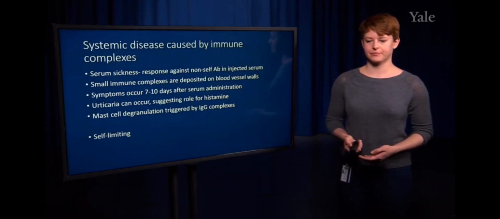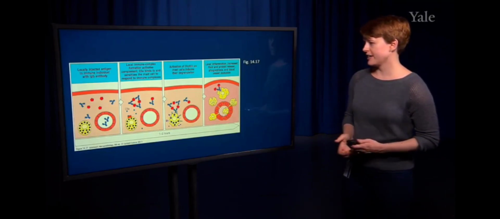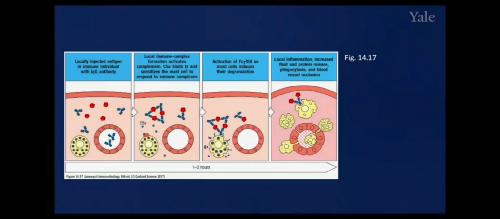Here in figure 14.17, we can see an example of this process. Locally injected antigen is injected into an individual with an IgG antibody against that antigen. These IgG antibodies can then complex with the antigen and activate complement, as well as lead to mast cell degranulation.